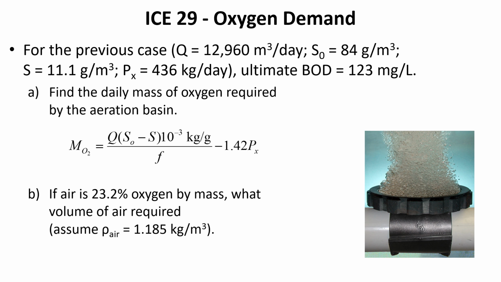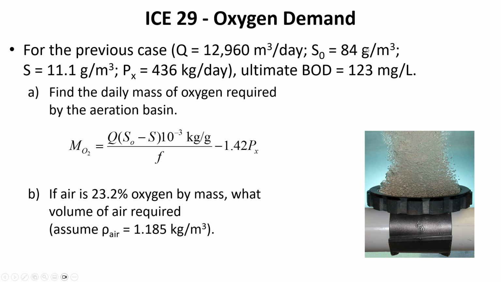So here are the calculations that's on the front page of the in-class exercise handout that I've just given you. Let's say that this is an extension of the scenario posed in in-class exercise 28. We had a flow rate of 12,960 cubic meters per day.